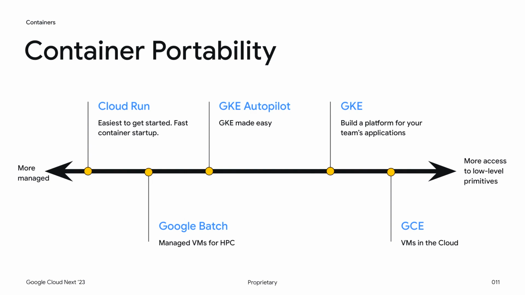Or perhaps you decide that you need to use a processing algorithm that requires fast inter-node communication. For that, Google Batch is a great choice. So you take your container and you move it to Google Batch, which is our product that supports high-performance compute use cases. And you can keep moving to the right, accessing more and more layers of infrastructure, but of course, at the cost of having to do more and more operational work.